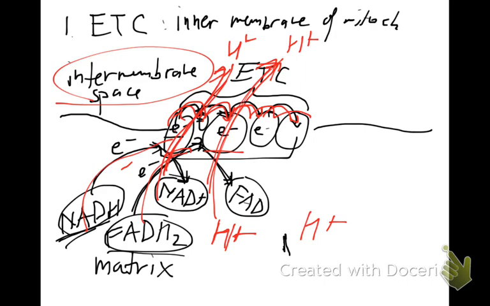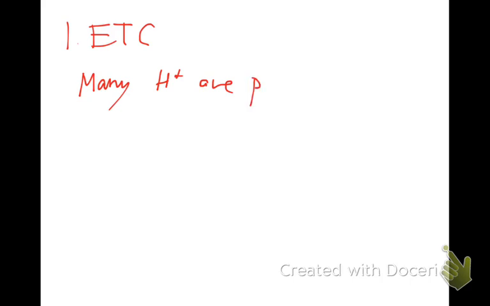Big picture, in the electron transport chain, or ETC, many hydrogen ions, H pluses, are pumped into the intermembrane space.